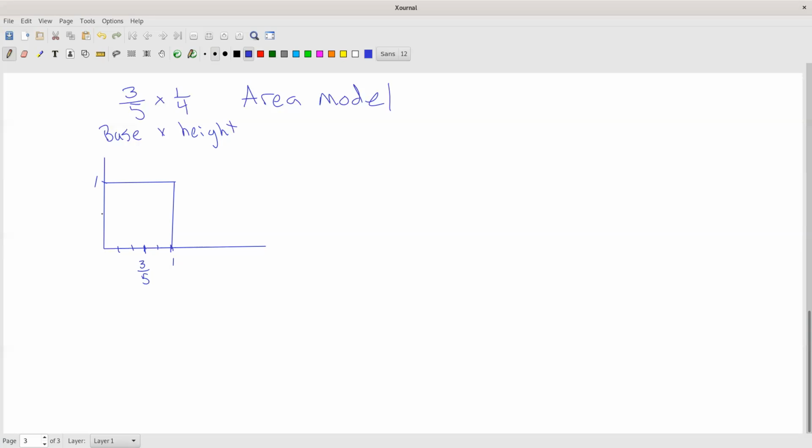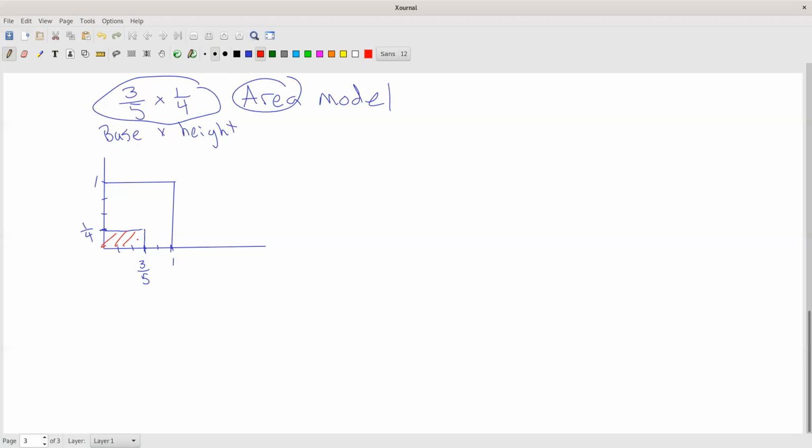So that's about a half. So these would be quarters. Not the best. Let's try that again. There, maybe it's better. So this one right here is my 1/4 from the bottom. And I'm trying to identify an area that has this base and height. So that would be this area right here. So that's my answer right there.